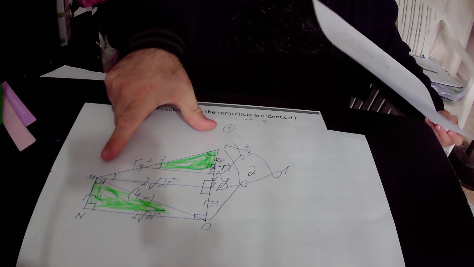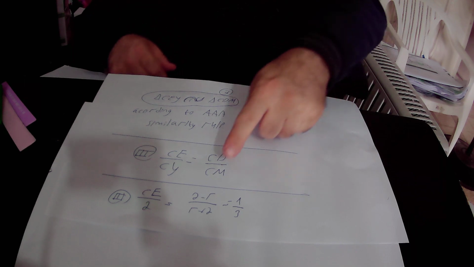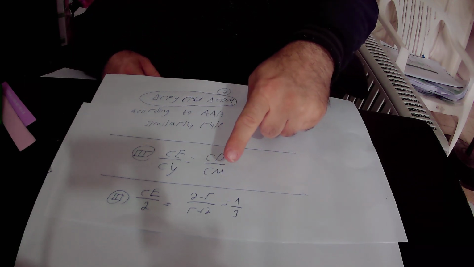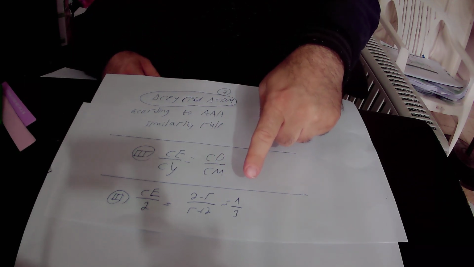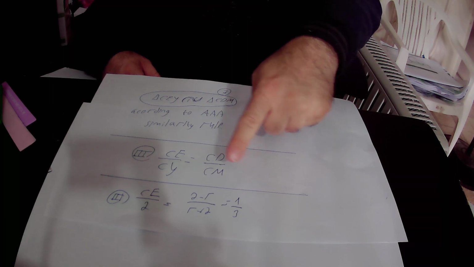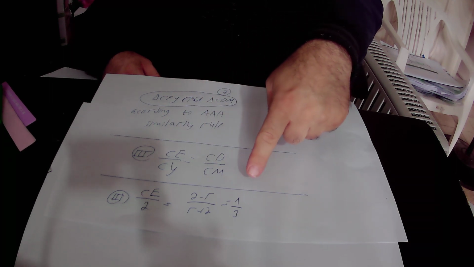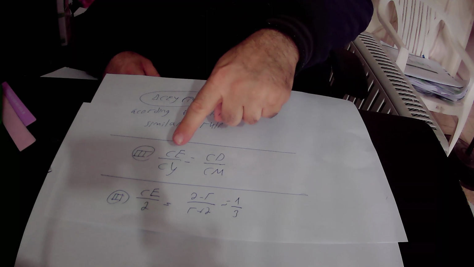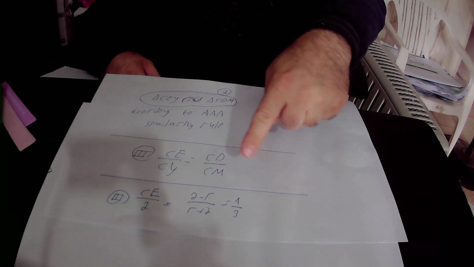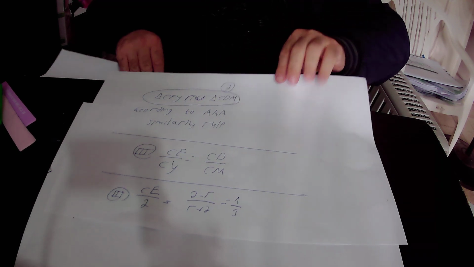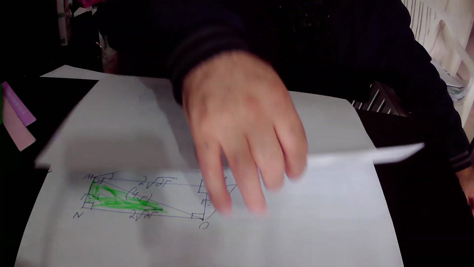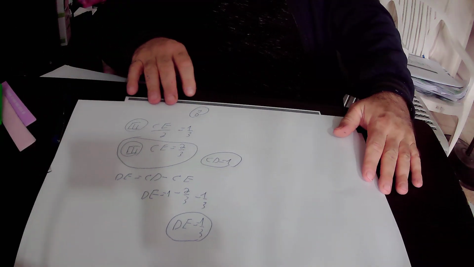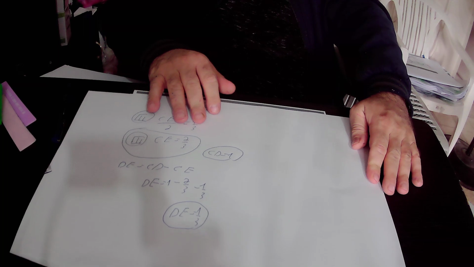Therefore, it equals R plus 2, and R equals 1, so 1 plus 2 is 3. So we found that CE over 2 equals 1 over 3. We multiplied the equation by 2, and we got that CE equals 2/3.